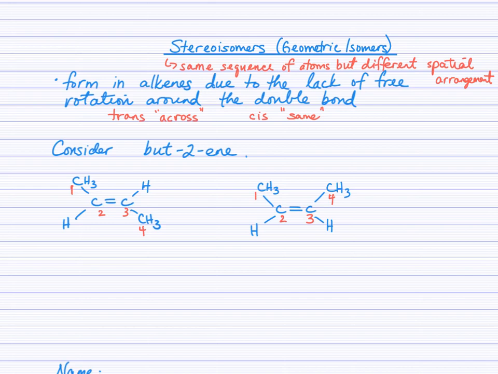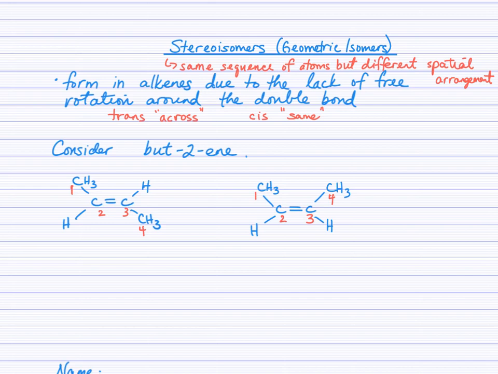I've reminded you here that trans typically means across, so you might think of the Trans-Canada Highway, a highway that stretches from Victoria in the west, right out to the east end of Canada. Cis means the same. So across and the same, we're really referring to where bulky substituents are located relative to the plane of the double bond.